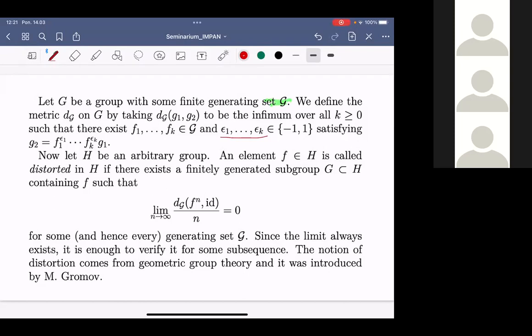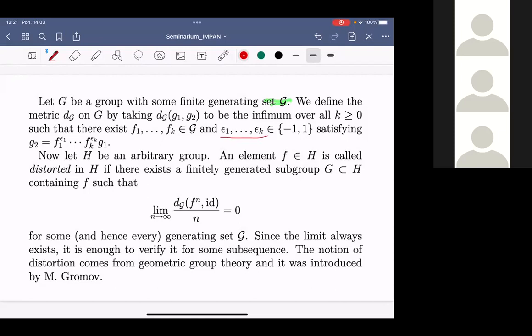So f_1 up to f_k are either generators of this group or inverses of generators, because epsilon is either plus or minus 1. So it says something about the minimum of the length of the word expressed in the alphabet of this generating set, calligraphic G.